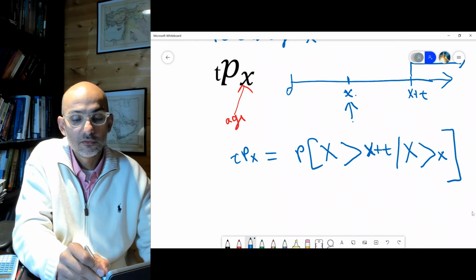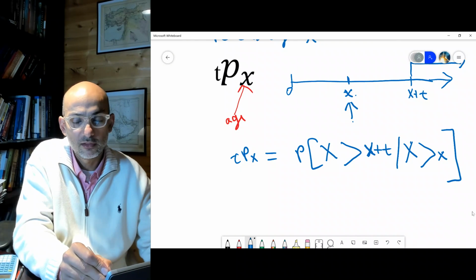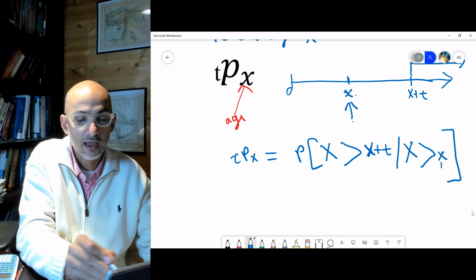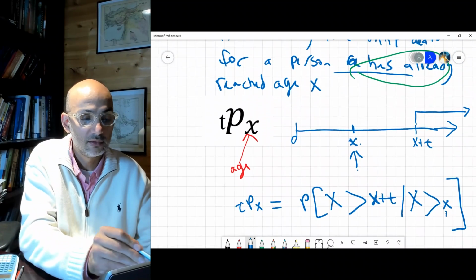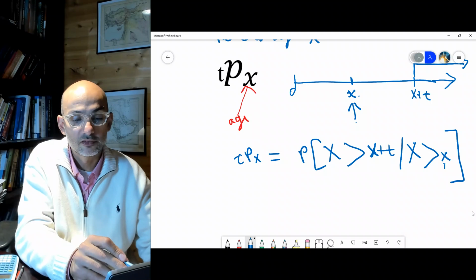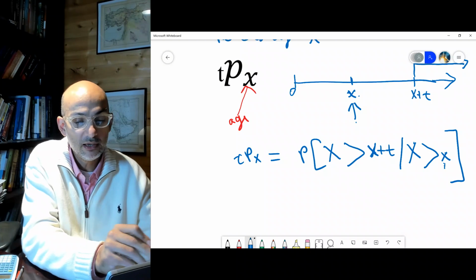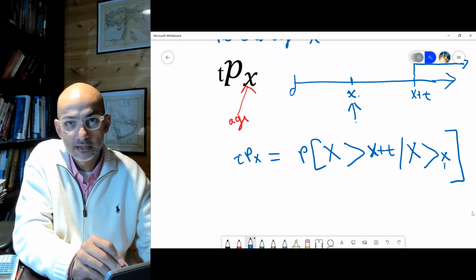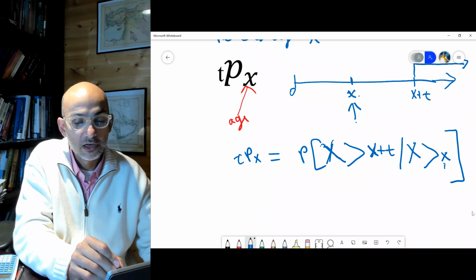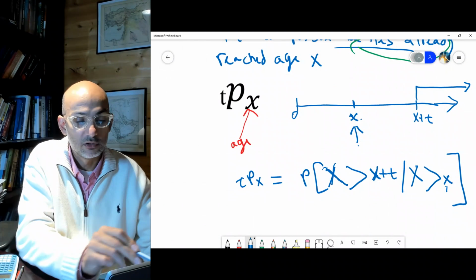So the given information is that the big X, the time of death, is after the age x, the small x. So the death happens after. This is given, that the life already survived x. So tpx tells us the probability that death, the big X, occurs after x plus t, because this is survival.